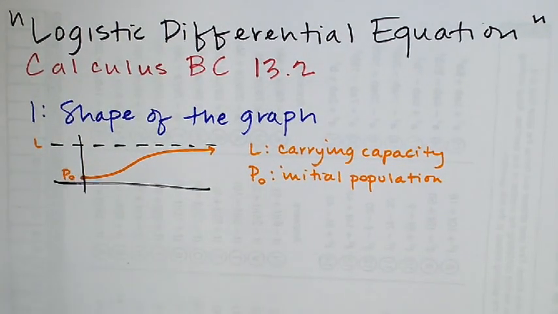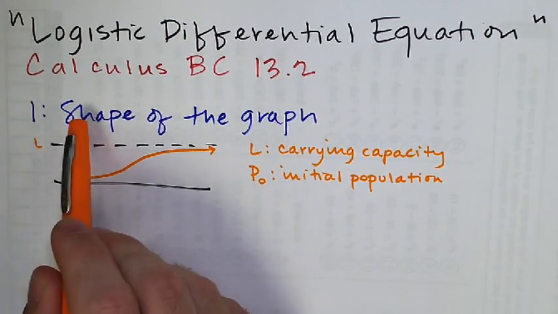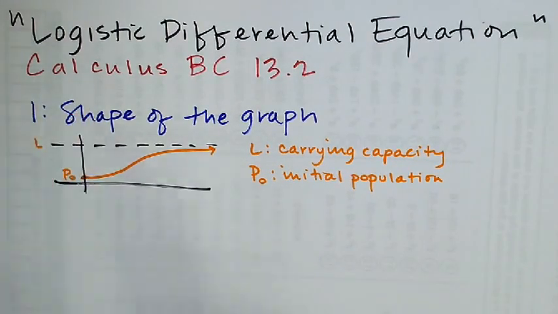Now, I do have to mention what happens if P0 is greater than L, if we start out up here. Say I've got a forest, but it's not a huge forest, and I have it completely contained. I've got some prey animals in there, some honey and stuff like that. And I dump in, say, 10,000 bears.